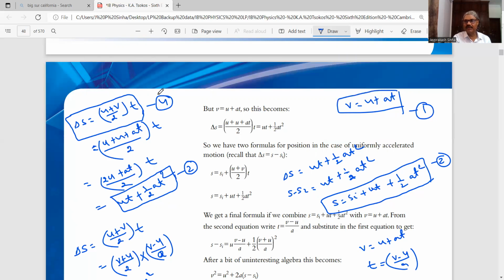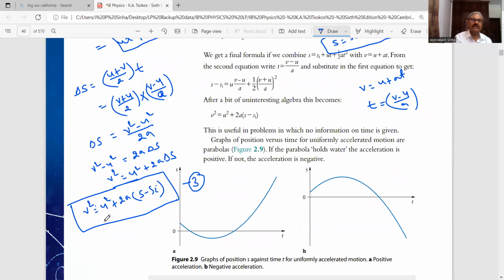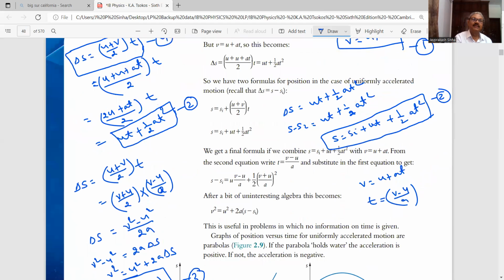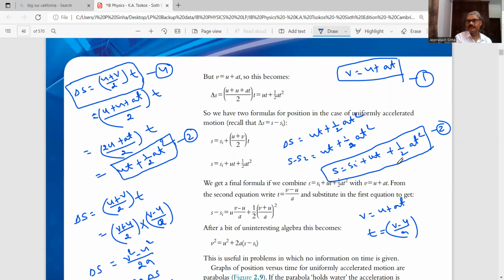First equation of motion is v is equal to u plus at. Second equation of motion is s is equal to si plus ut plus half at square. Then third equation of motion is v square is equal to u square plus 2a into s minus si. And the fourth equation is delta s is equal to u plus v by 2 into t. These are the four equations.